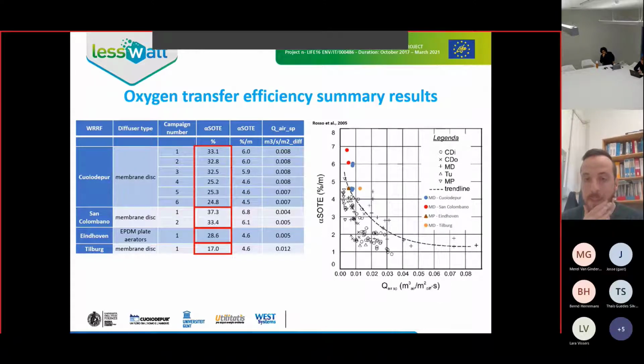As you can see in this graph, the average values of the alpha SOTE are in line with the literature data. And so this demonstrates the good results using the LESSDRONE.